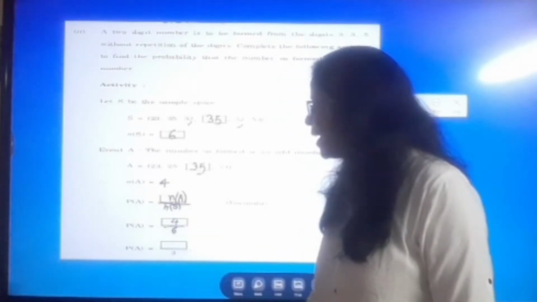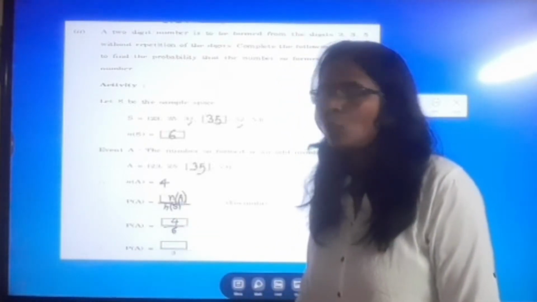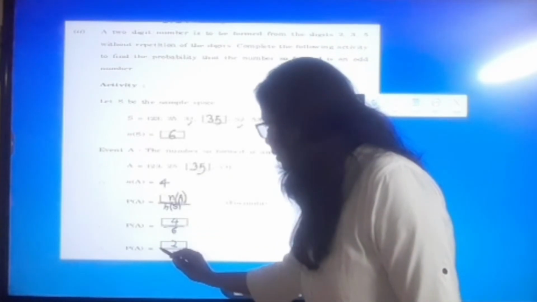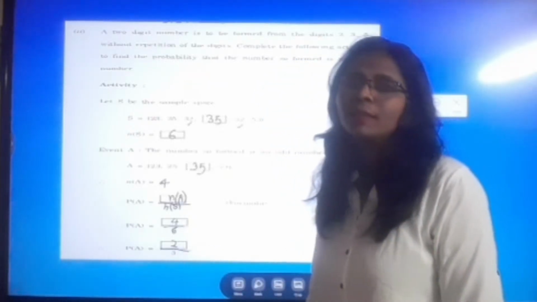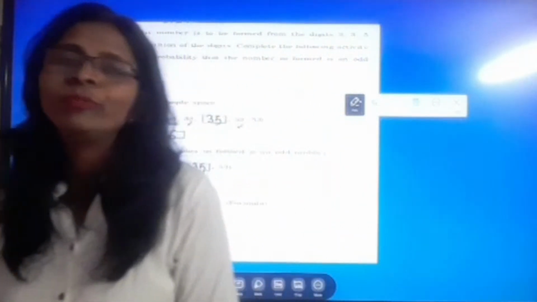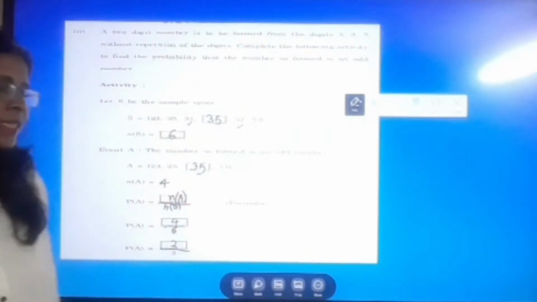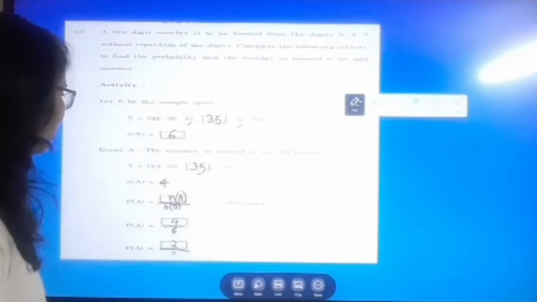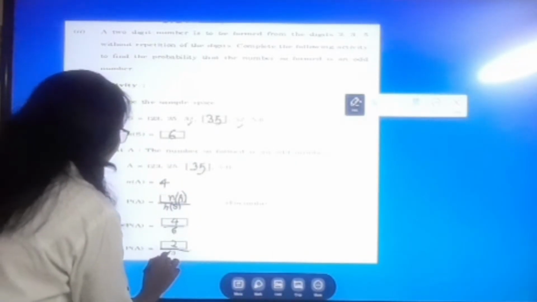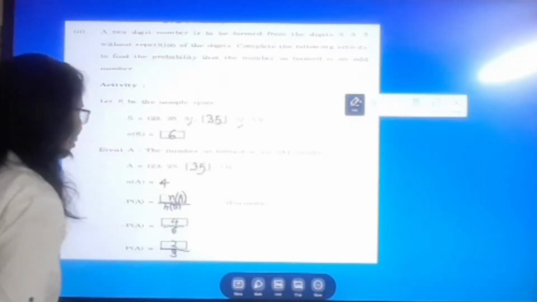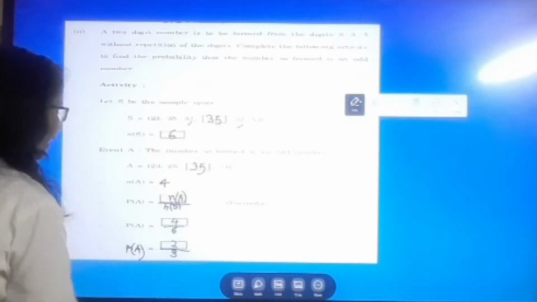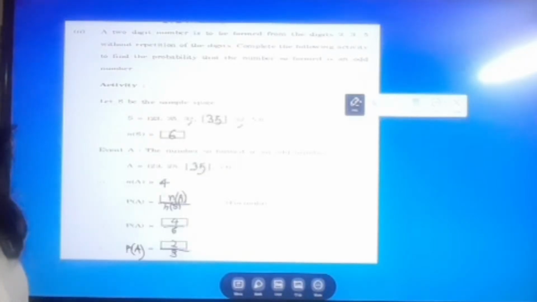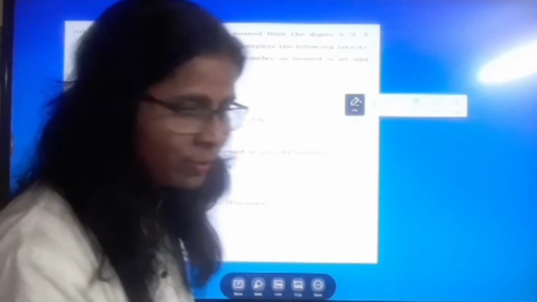Simplify: 2 twos are 4 and 2 threes are 6. So the final answer, the probability of the given event, is P(A) = 2 upon 3. Okay, then come to the next example.